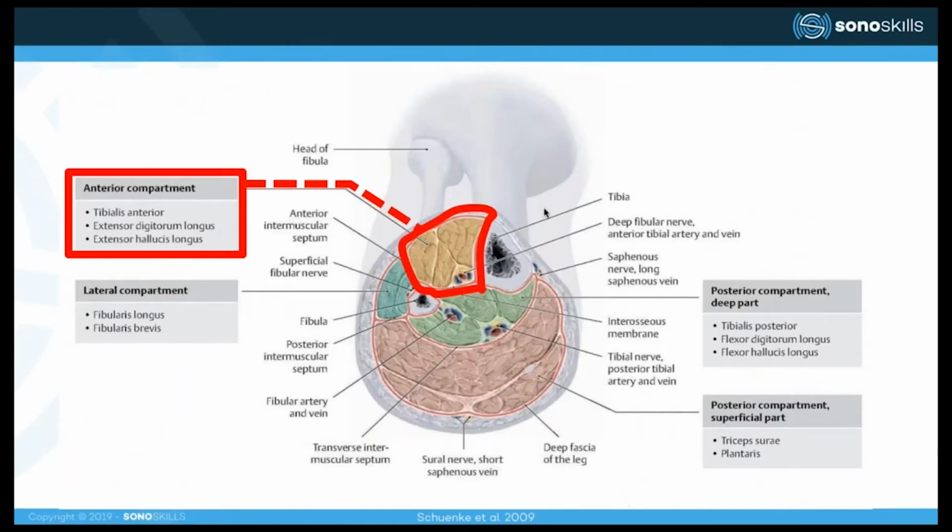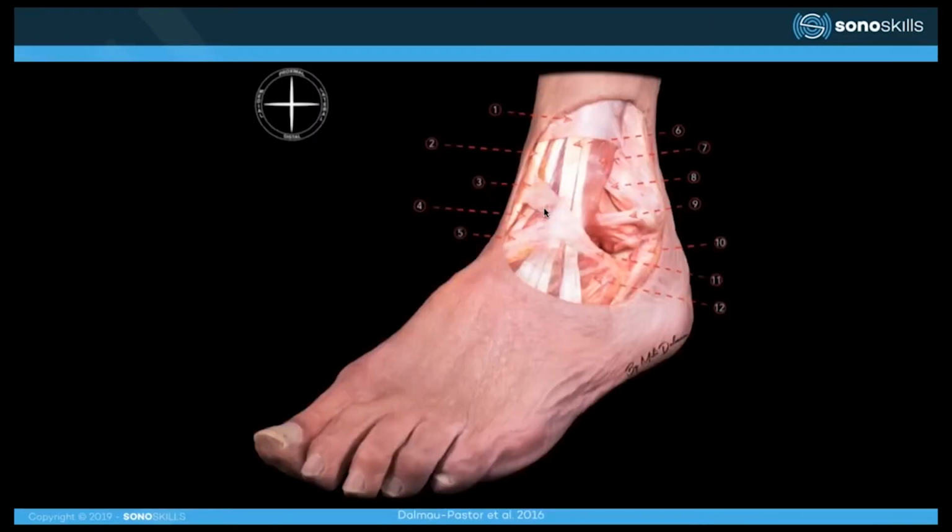Let's first have a look at the anterior compartment. The anterior compartment contains the tibialis anterior, the extensor digitorum longus, and the extensor hallucis longus. I think it's a compartment which is not as much involved in pathology as other compartments in the leg.